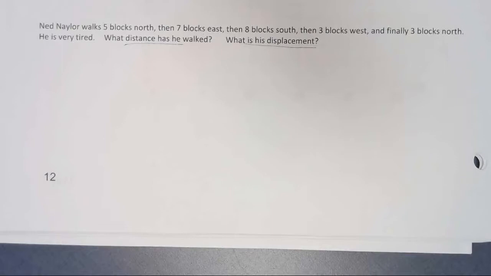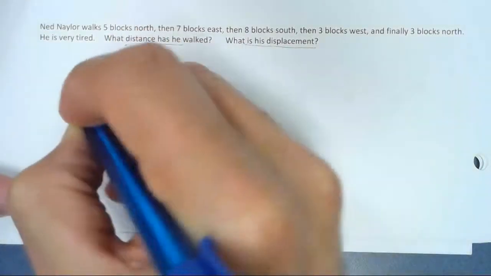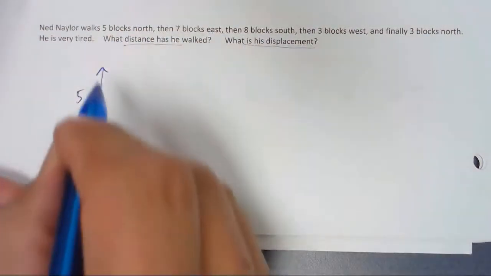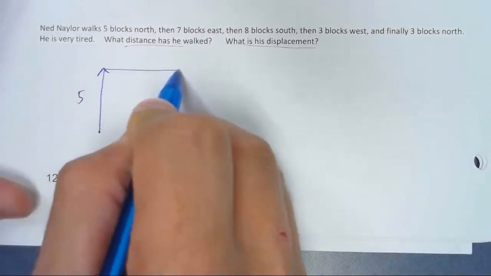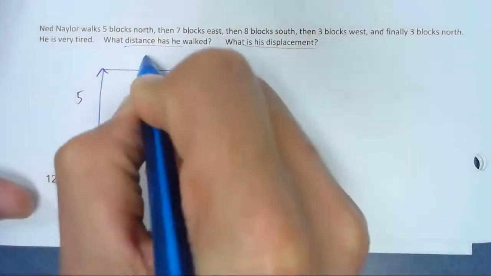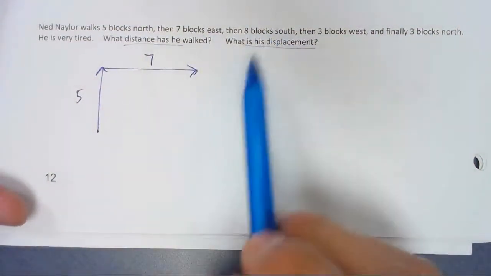You almost can't get this one without drawing a picture, especially for the displacement. So I'm going to start out going 5 blocks north, and then he goes 7 to the east, and the 7's got to be longer than the 5. Very important that we draw this picture to scale. So there's a 7 that's longer than the 5. And then he goes 8 blocks south from that point.